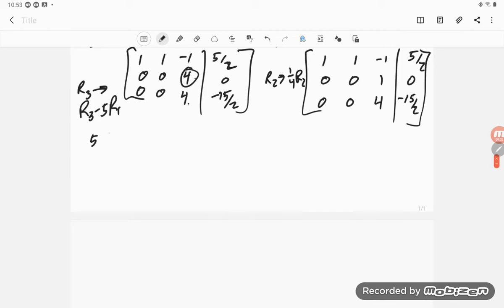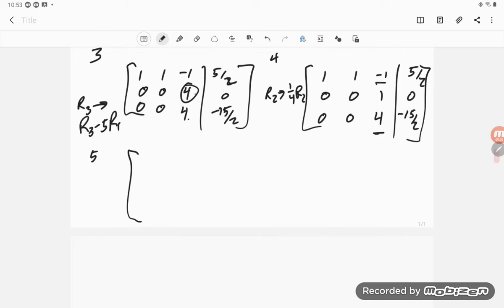And my fifth step, I need to get rid of that 4 there. I need to make that a 0. And I need to make that -1 a 0. When they did it, they did two things at once. So you can do that.